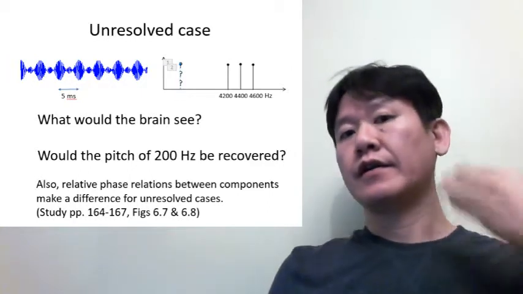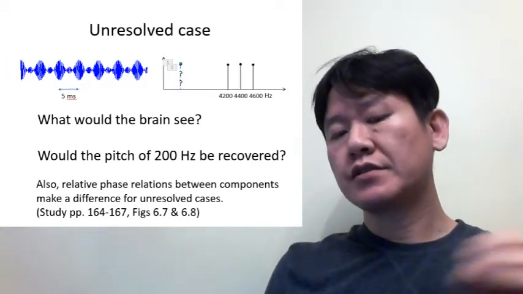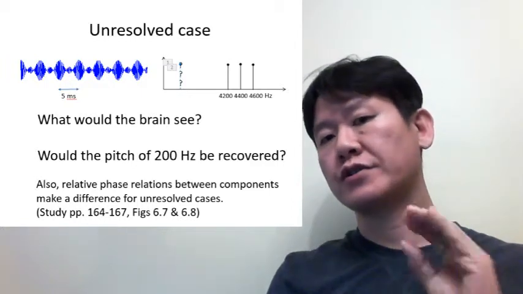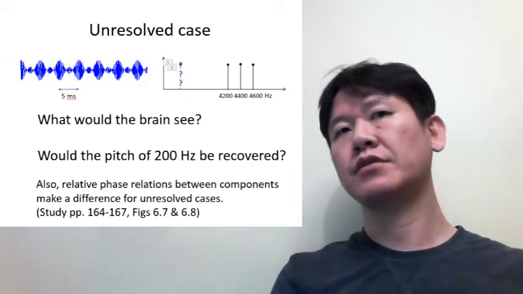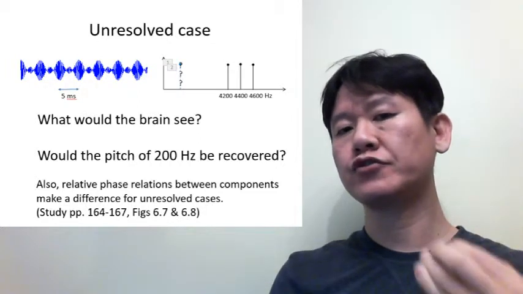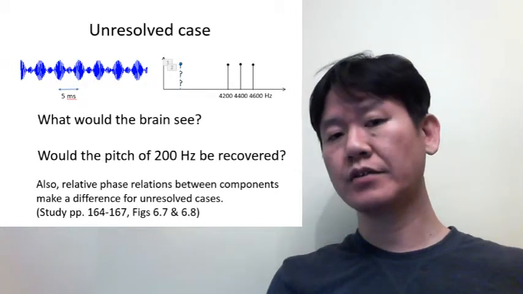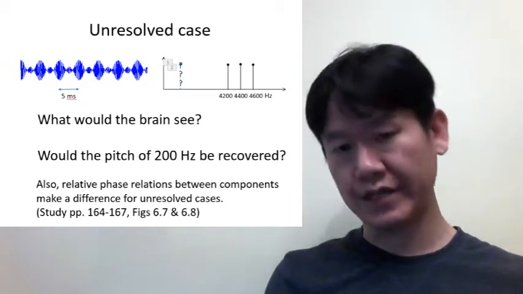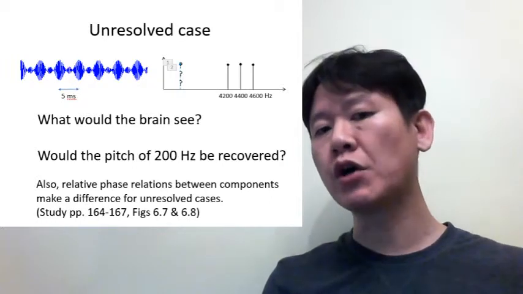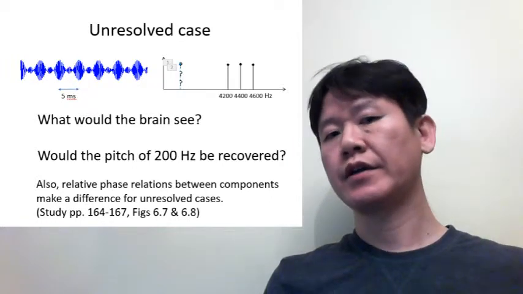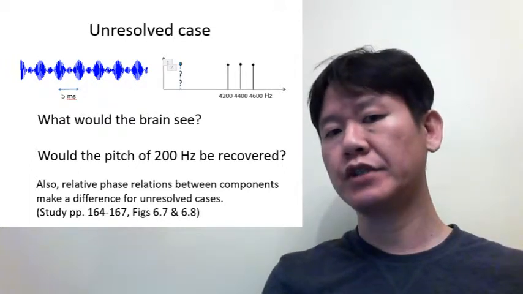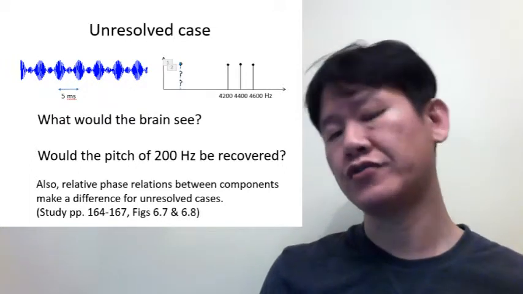So if the brain processes this on the basis of temporal periodicity, then the brain can recover somewhat of the 200 hertz component purely based on temporal analysis. That is possible, but it is not going to be as robust as the earlier recovery mechanism based on individual harmonic relations.